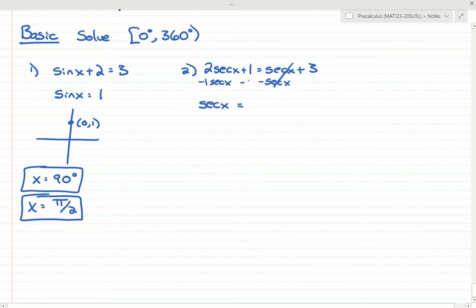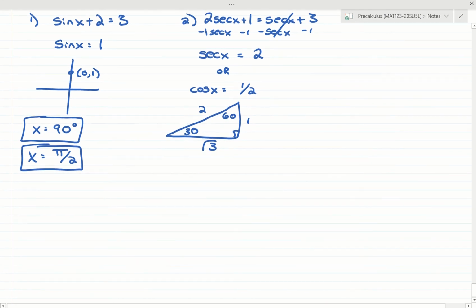And let's bring the 1 over also. So when is secant 2? Or that's the same thing as asking when is cosine 1 over 2? Well, that came from our 30, 60, 90 triangles. And cosine of 60 degrees would give us 1 over 2.